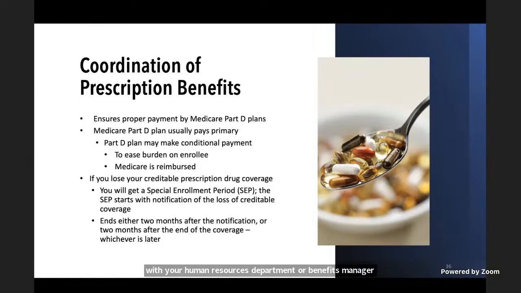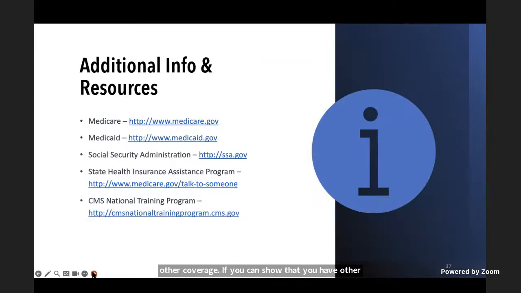If you're separating from active duty service, especially if you may be in that gap period that we've just potentially identified, talk it over with them, because you won't be eligible for a Part D plan until you turn 65, and then you may or may not need that Part D plan. So the same penalties that apply if you enroll late can be waived if you've got other coverage. So if you can show that you've had other coverage, then those penalties won't apply to you.